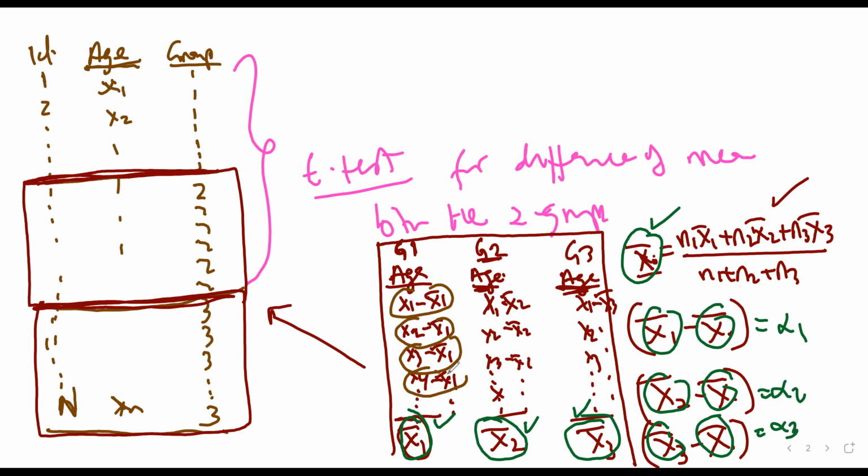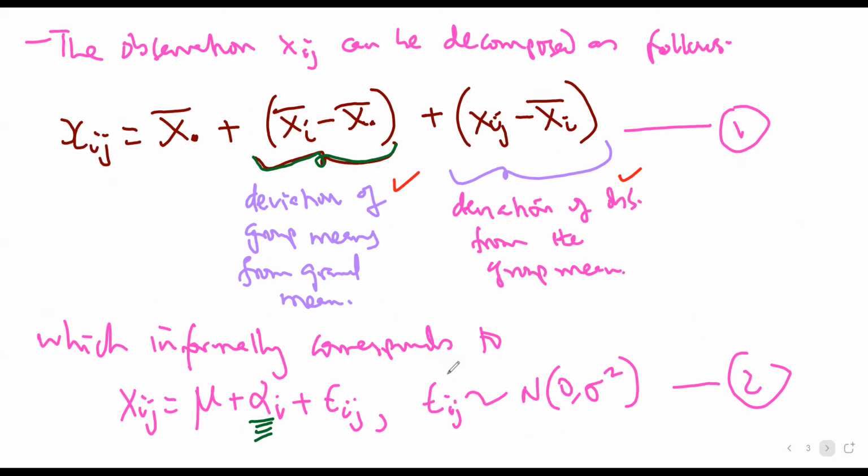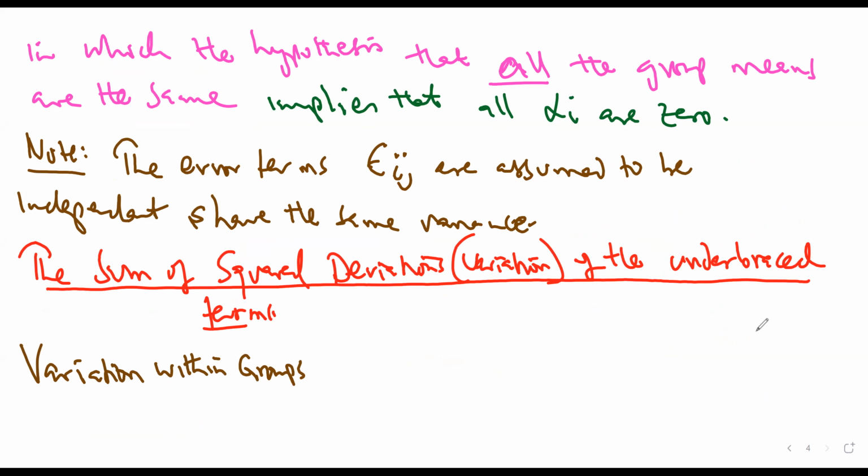Within a group, what's the kind of variation there? We denote it by SSW, the sum of squares within groups. So this is the variation for the sum of squares within groups.